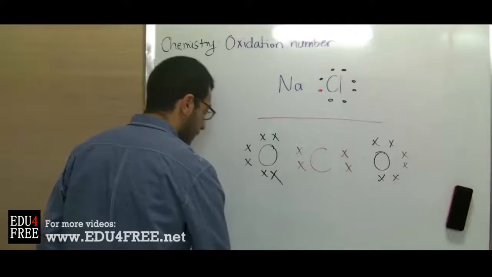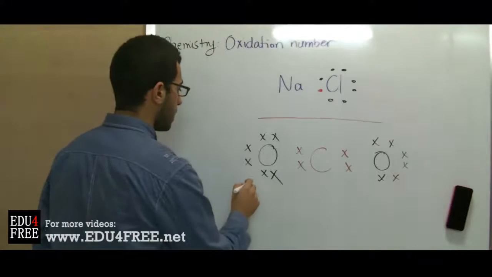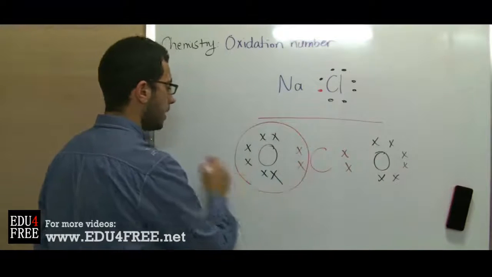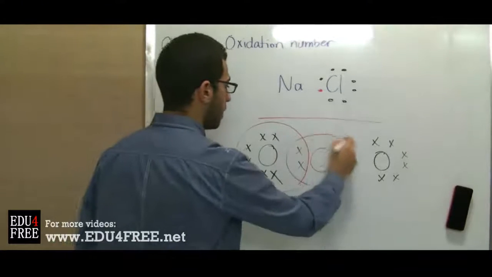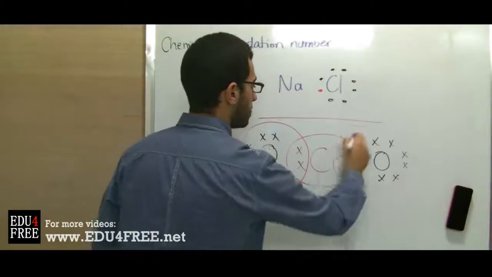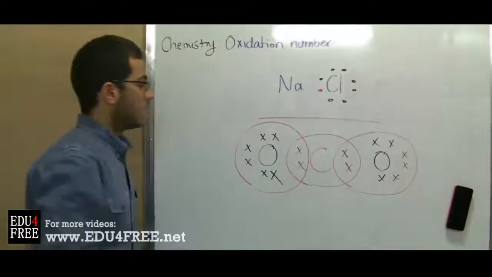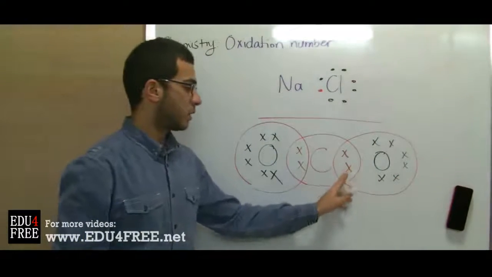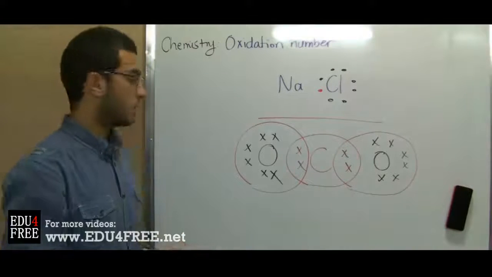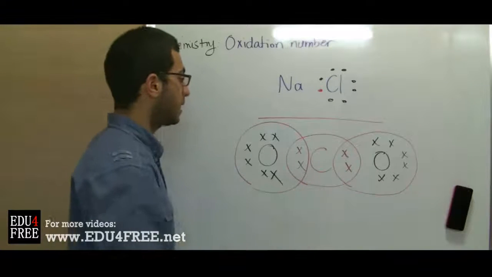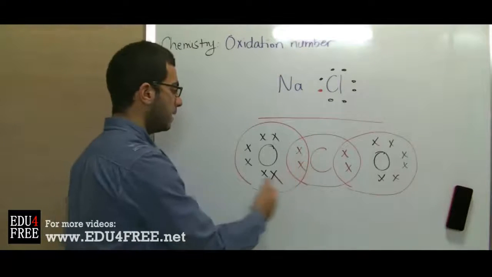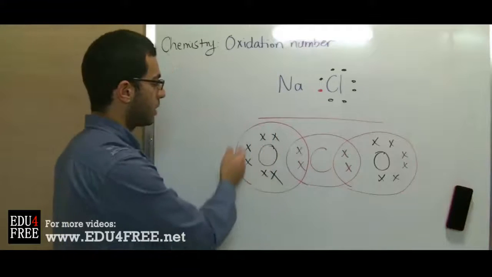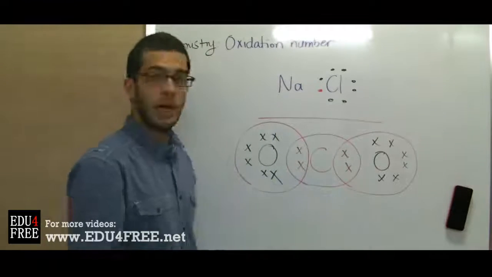So it becomes something like that. This will be the oxygen atom, this is the carbon atom, and this is the other oxygen atom. The 4 electrons at the outermost energy level of carbon don't leave the carbon atom, and at the same time they complete or fill the outermost energy level of both of the oxygen atoms.